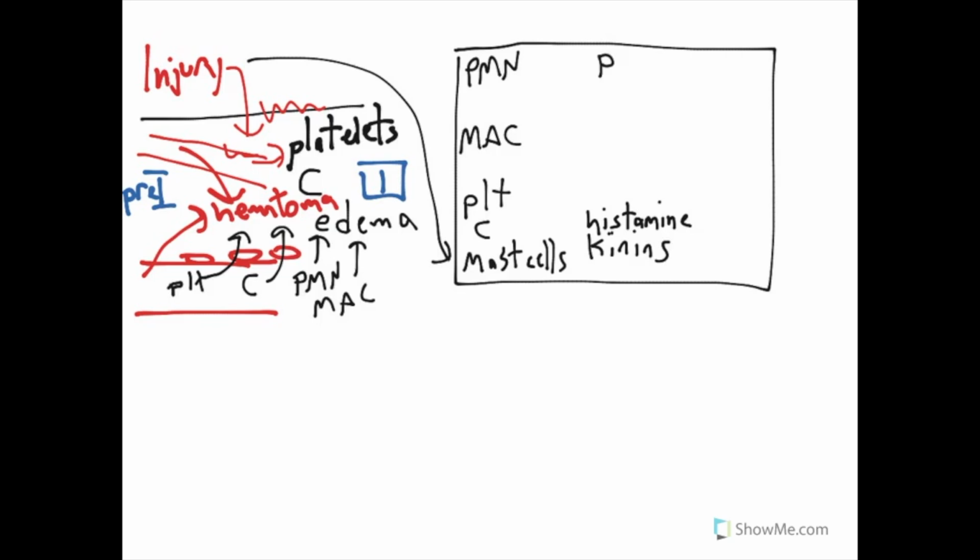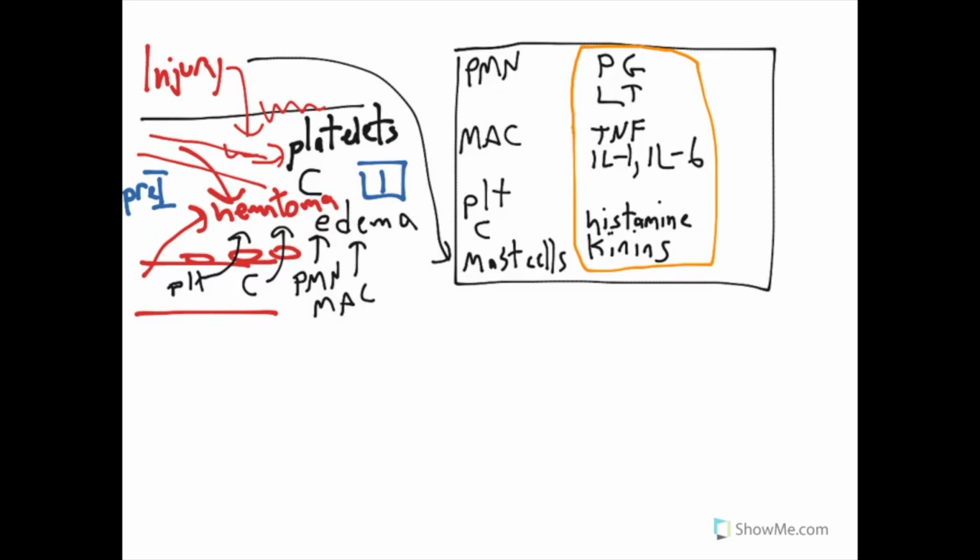Other things that get released here, we have prostaglandins, we have leukotrienes, and there are a couple other cells that release certain molecules like TNF-alpha, IL-1, IL-6 and IL-8. These are all the cytokines and growth factors that stimulate initially inflammation, but then that actually leads to the next phase here, moving down.